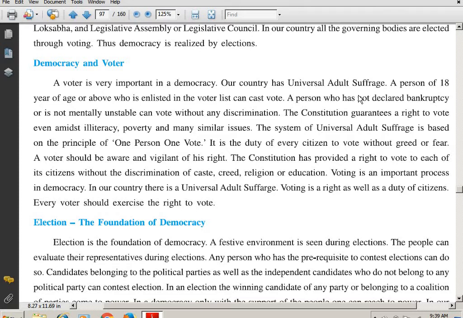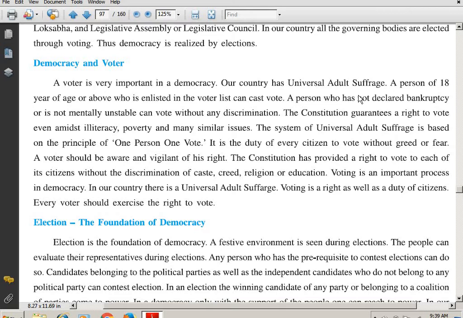So what is it? A person of 18 years of age or above who is enlisted in the voters list can cast a vote. The person who is above 18 years of age and whose name is included in the voters list has the right to cast his vote.